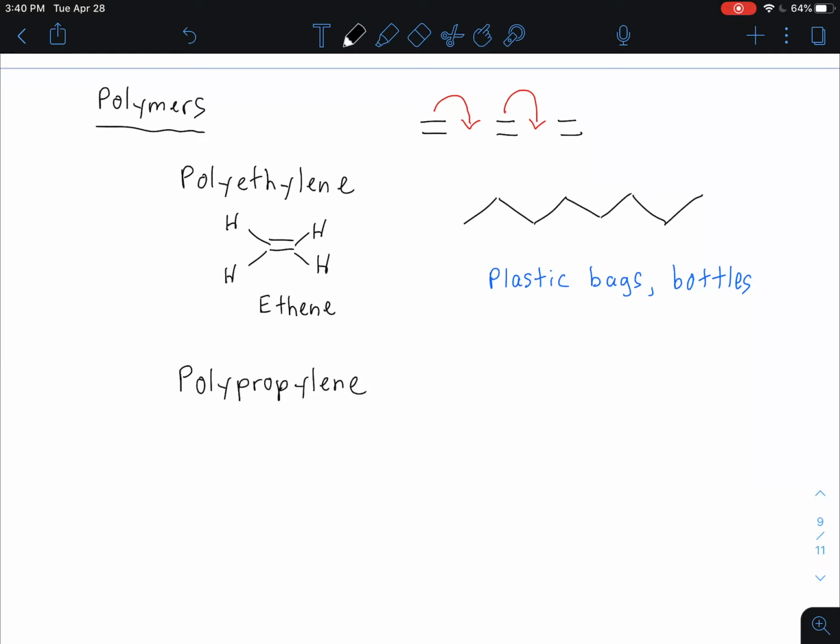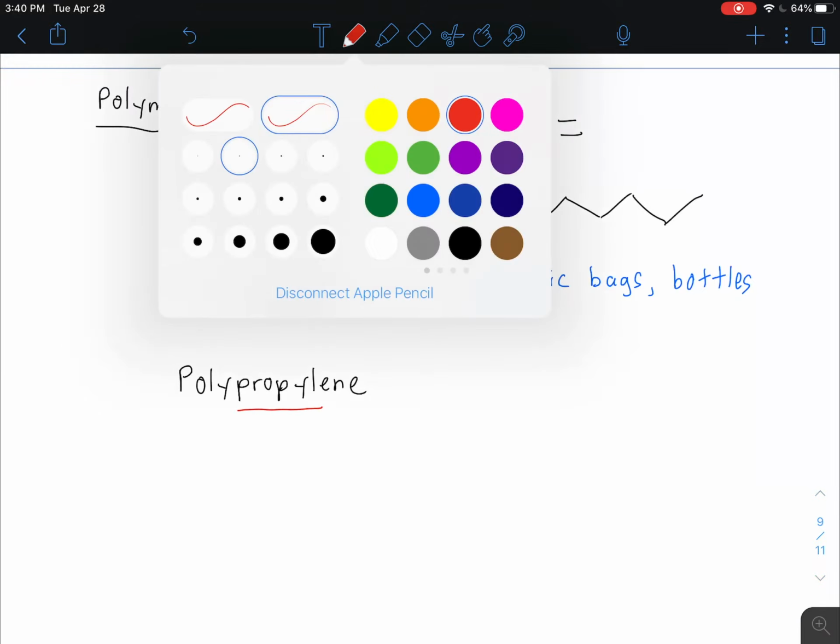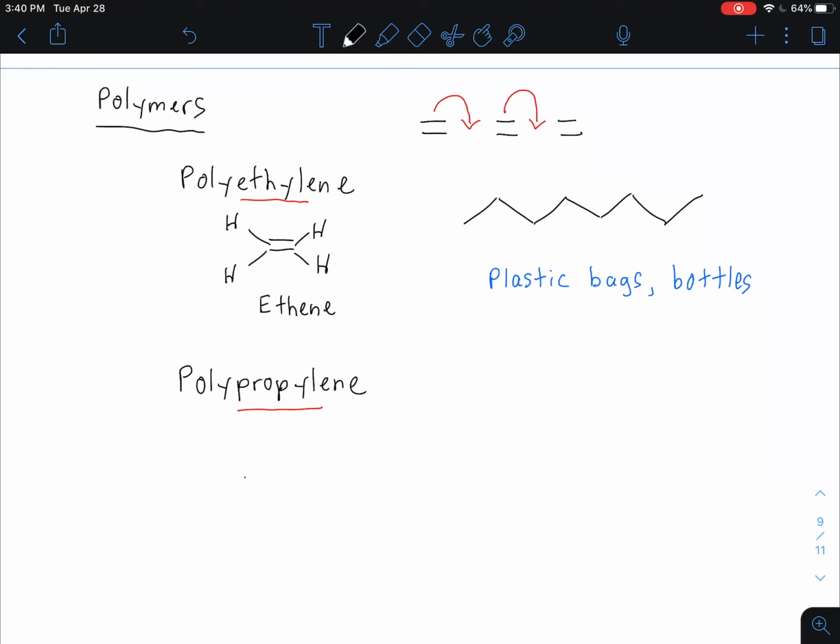Other polymers that we talk about a lot, another one is almost the same, but it's polypropylene. So now, rather than the 2-carbon ethyl, now you see 3-carbon propyl. So now what we end up with is this propyl group instead.